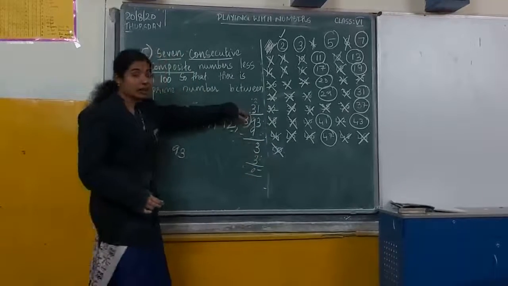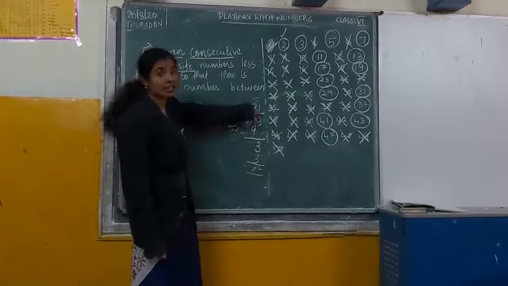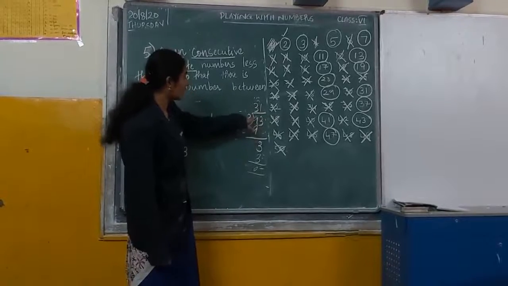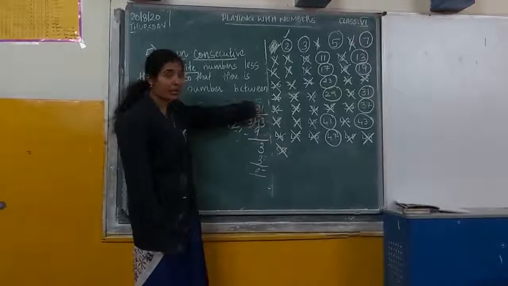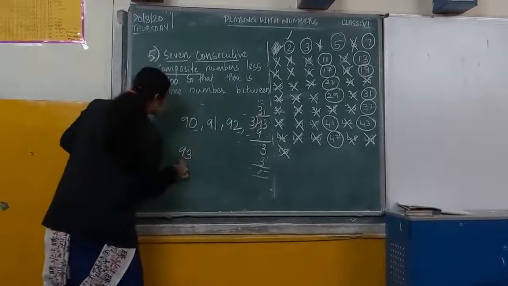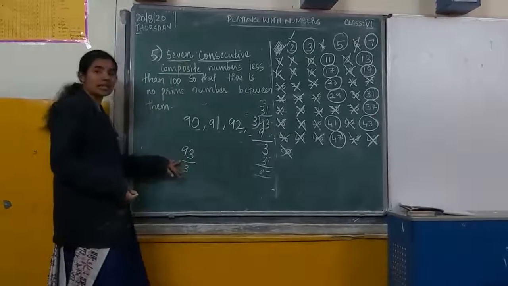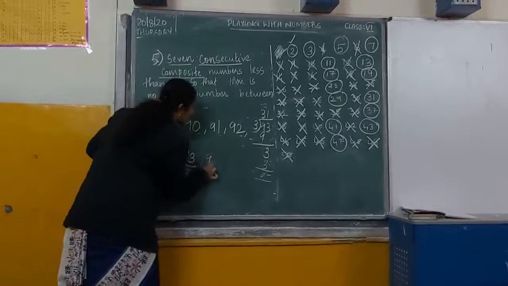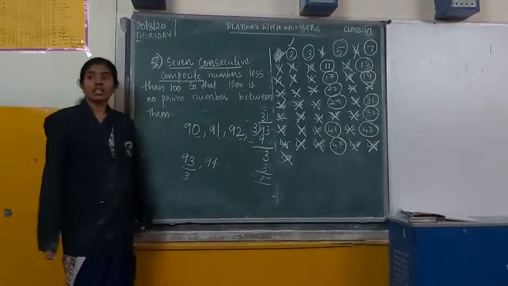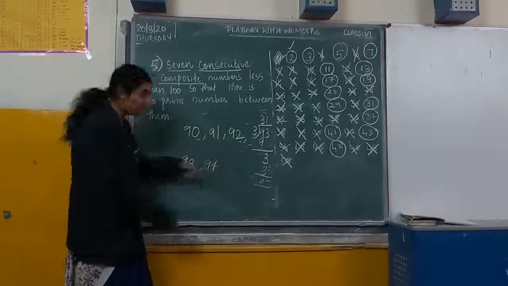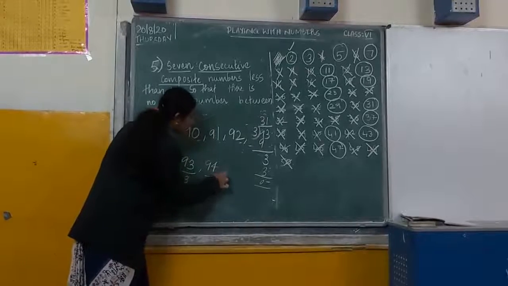So what is the answer? 3 multiplied by 31 is 93. So the factors are 3 and 31. So 93 is a composite number because it is divisible by 3. Next, 94. It's an even number, so it is divisible by 2. So this is a composite number.